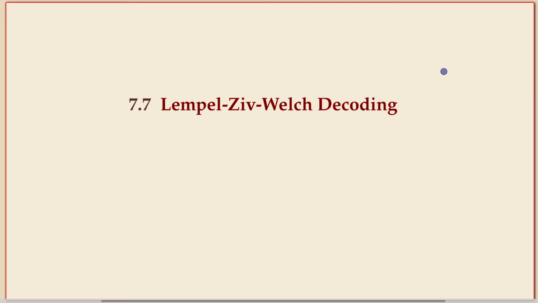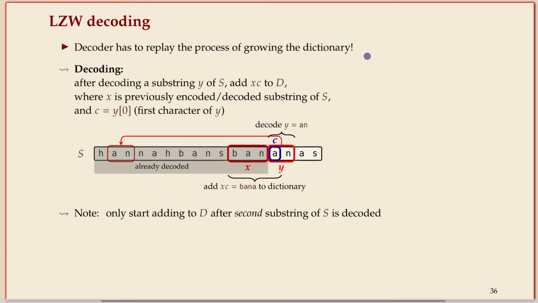Then we should have a look at how to decode that again, because compression is only useful if you can invert it. After we've seen how to encode with Lempel-Ziv-Welch, we now want to decode, the decompress step. And in principle, it's easy.